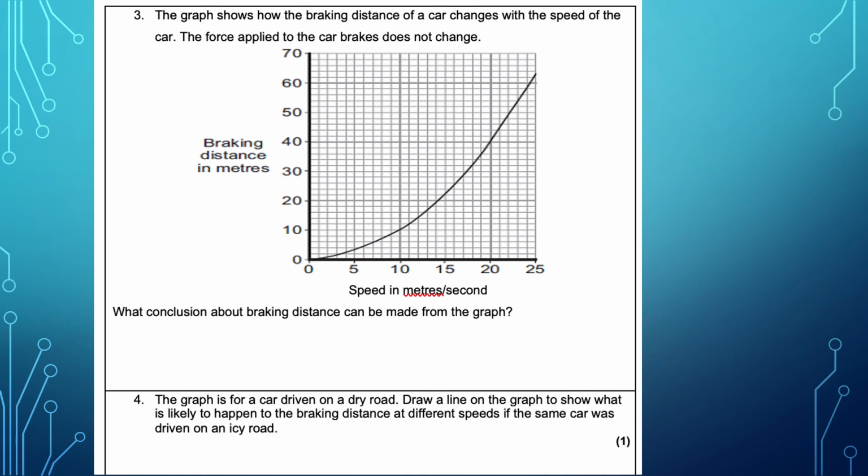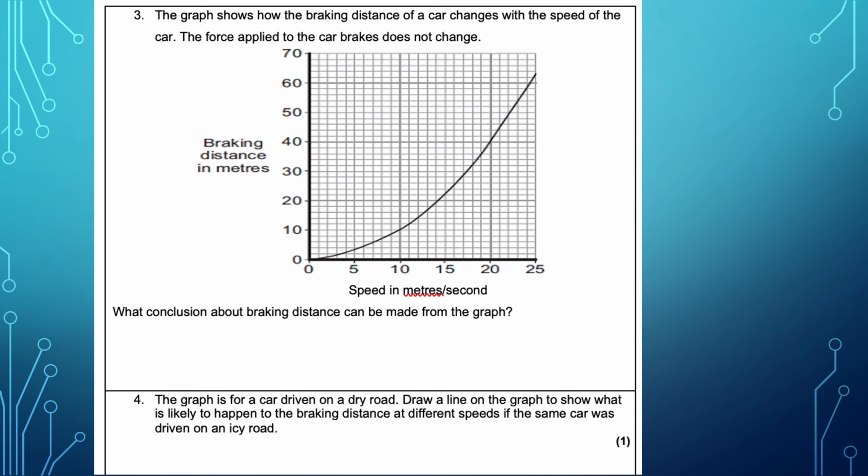So that line there just basically shows you, if I was traveling at 5 meters per second, then my braking distance will be roughly, I don't know, like 4 meters. And then at 10 meters per second, my braking distance is a little bit more, I think at 10 meters. So basically, it's just saying that the faster you're going, the longer your braking distance is. And that's the answer to number 3.